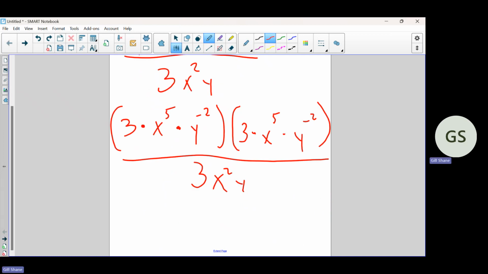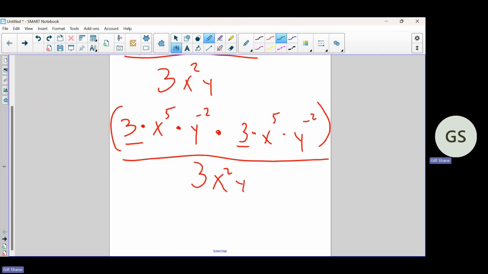All right, so now we can really just get rid of the parentheses. Remember, this is just a multiplication. The parentheses are just telling us we're multiplying. So now we're to the product rule. If you have the same base, we can add the exponents.